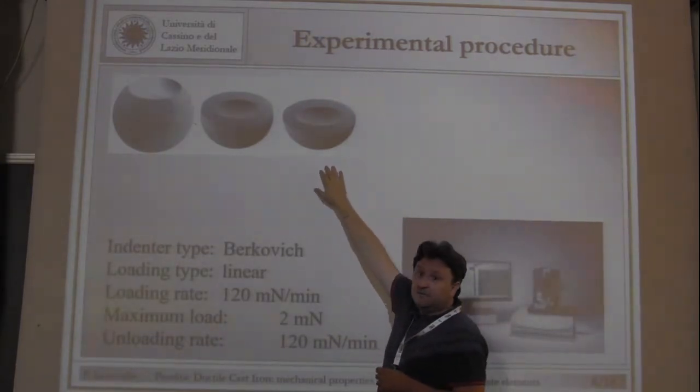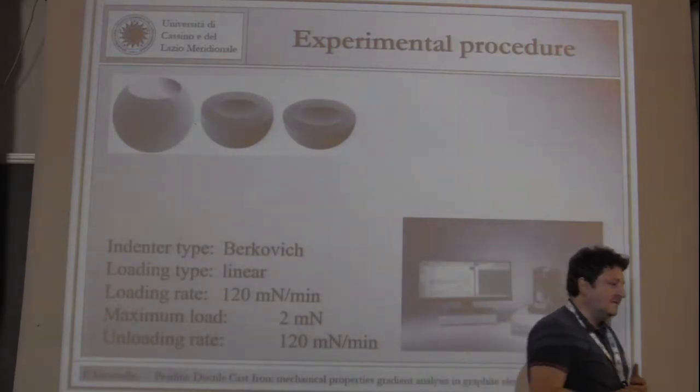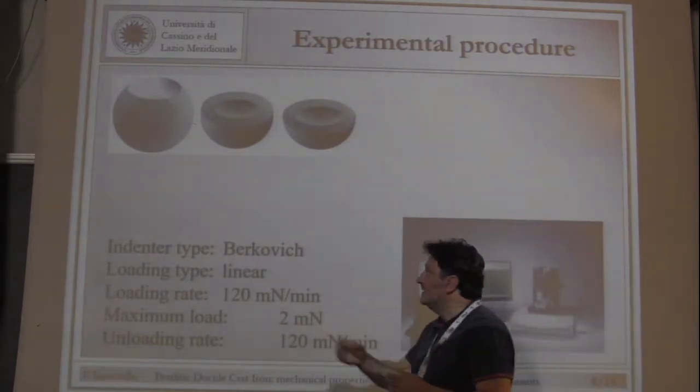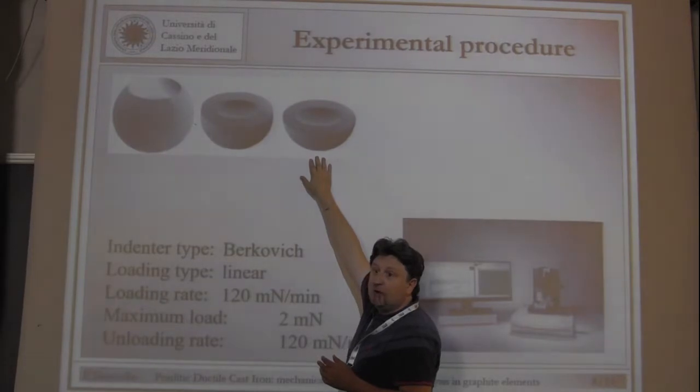This is the correct position in order to evaluate the difference of mechanical properties of the graphite, but it is not so easy to achieve this situation. What we have to do is observe just the nodules characterized by bigger diameter, because in this way we have a case like this one.